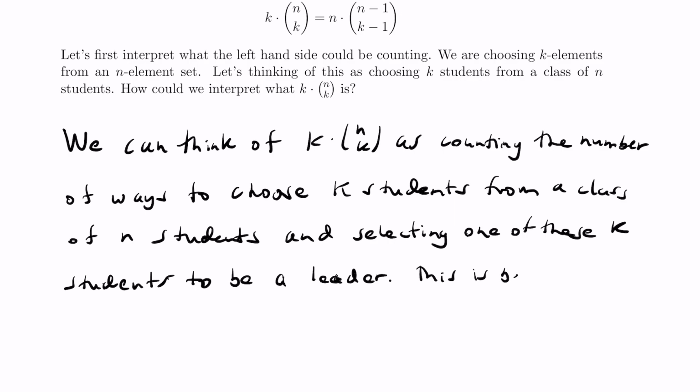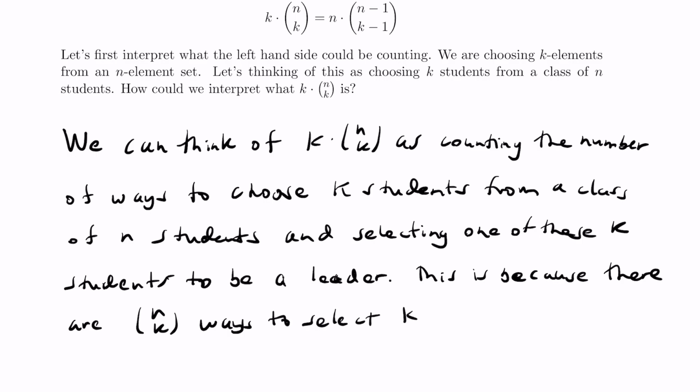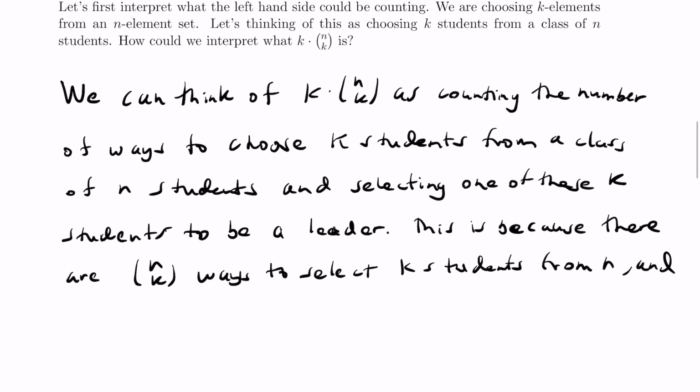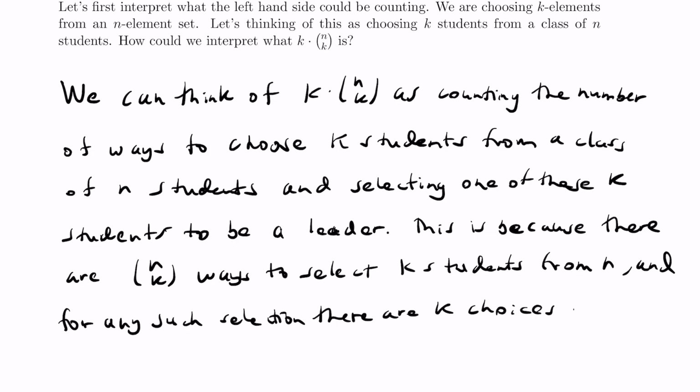This is because there are n choose k ways to select k students from n students, and for any such selection, there are k choices of leader.